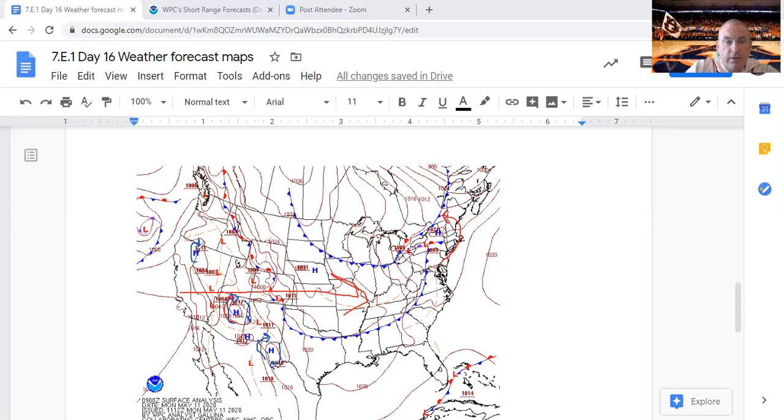Clockwise around the highs. Counterclockwise around the lows. So since this low has these fronts attached to it, these fronts are moving like that. This one's going this way.